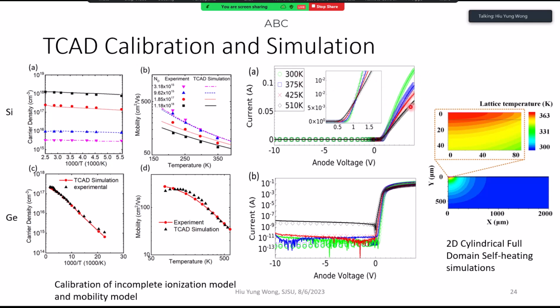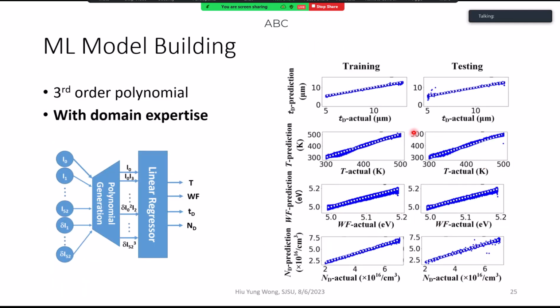The markers are the experiment, and the lines are the simulation. So very nice calibration, in my opinion. We then use this to build a machine. So what? We put in the current, and then we generate high order polynomials, and then do linear regression again, right?